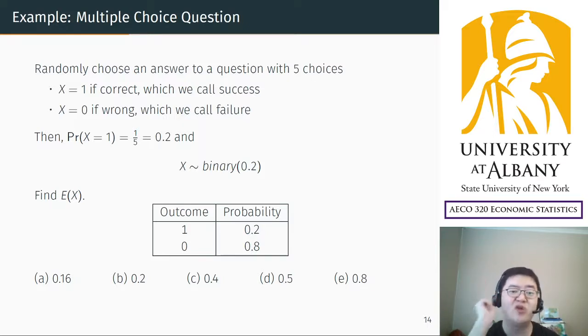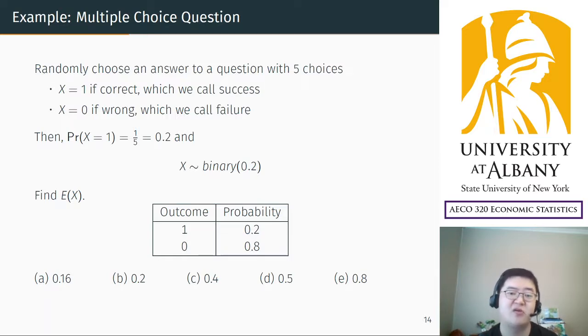So suppose that you always choose the first option, choice A. Then what is the outcome from this experiment? You are randomizing, experimenting with your assignment, and the outcome is whether you are correct or not. I'm going to say correct is 1 and wrong is 0.